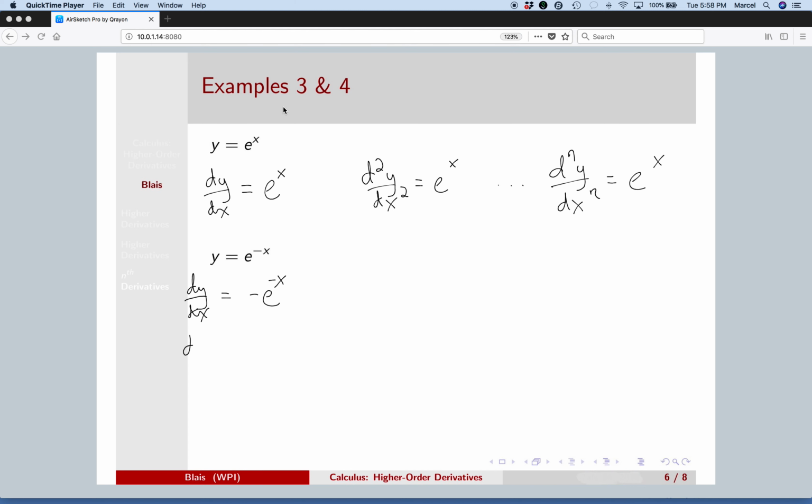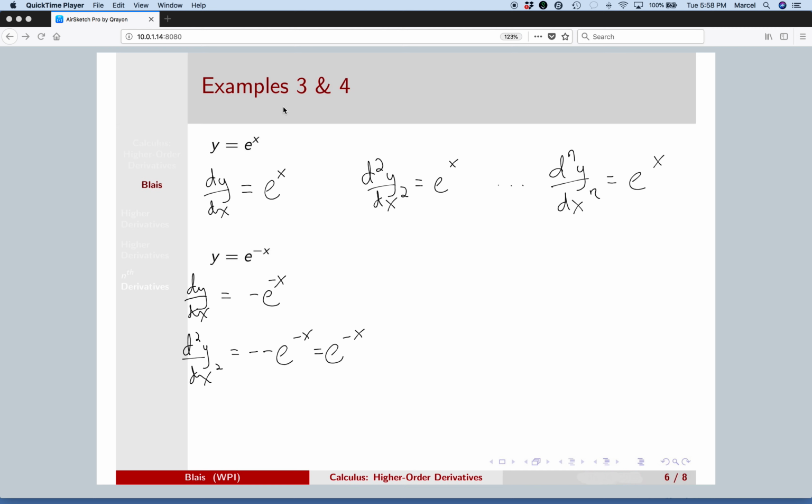But if you continue this, the derivative of minus e to the minus x, the procedure is the same as when we differentiated e to the minus x, but this minus sign hangs out front. So you're going to get e to the minus x.